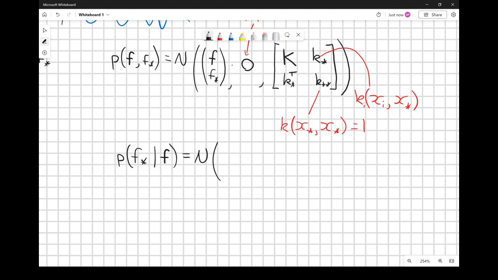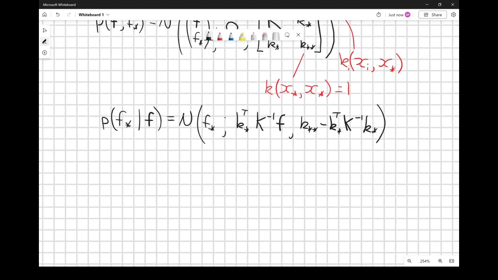We can rely on well-known closed form expressions to show that the mean of this distribution is k star transposed, the inverse of k, multiplied by this vector f, and the variance is k star star, which is 1, but only in this particular case, it's not 1 in general, minus k star transposed k to the minus 1 k star.